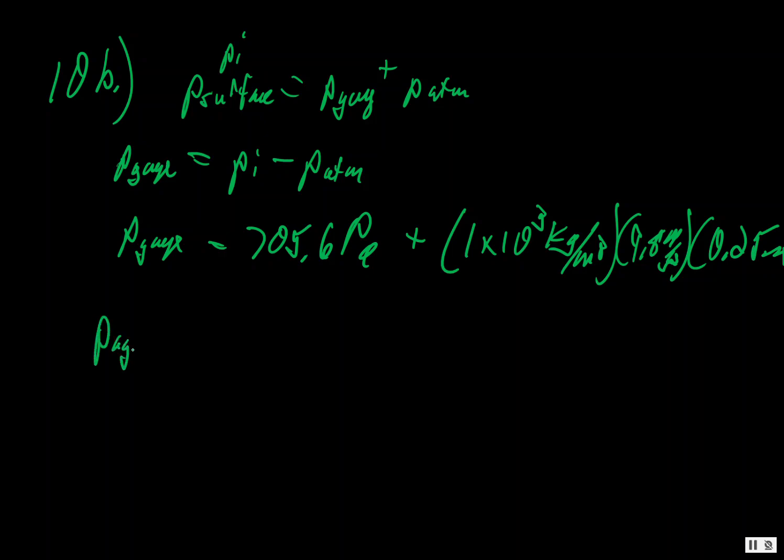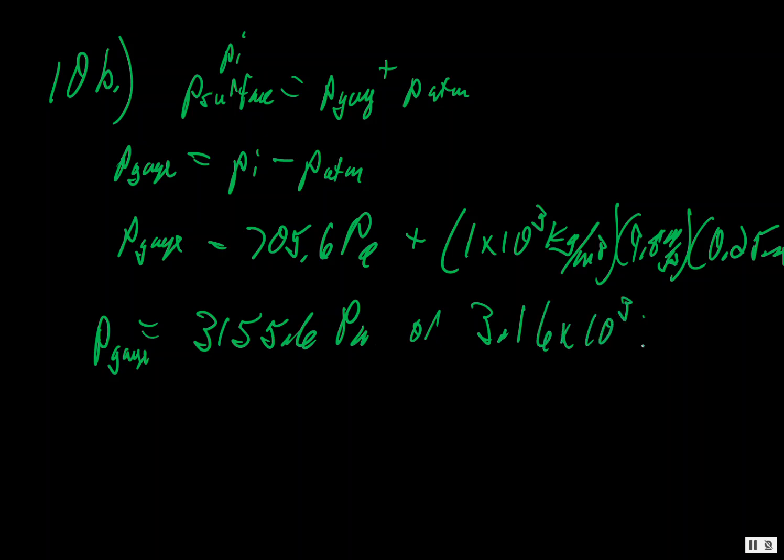The pressure gauge is equal to 3155.6 pascals, or you could say it this way, 3.16 times 10 to the third Pa, or you could actually say 3.16 kilopascals.